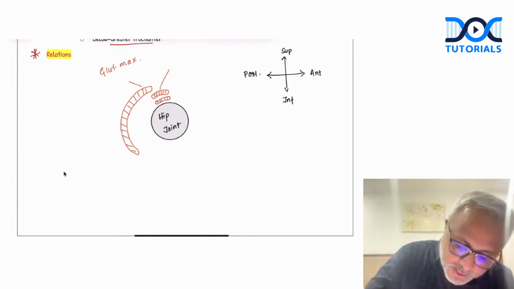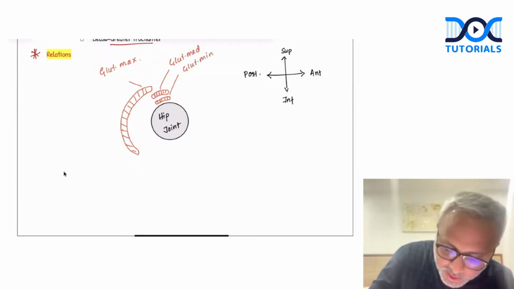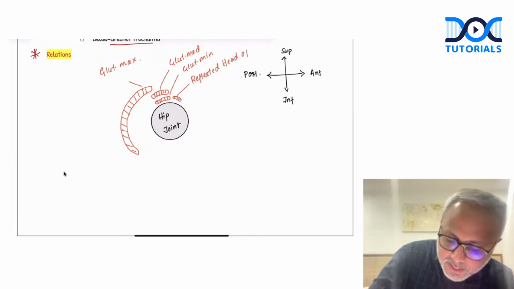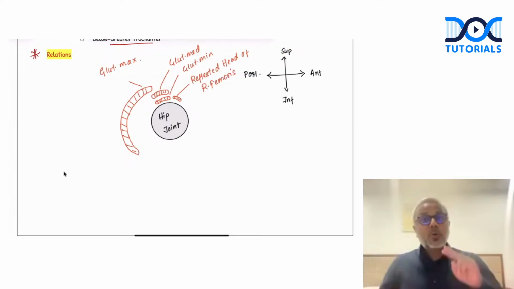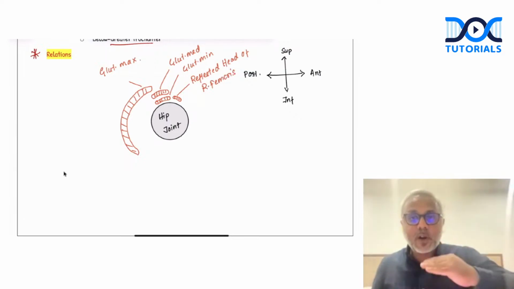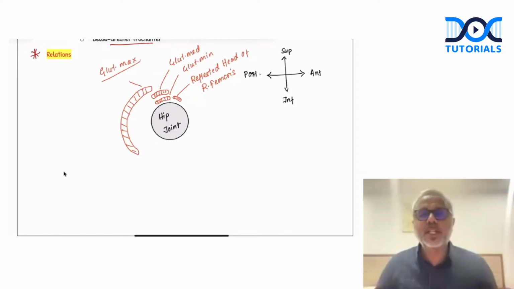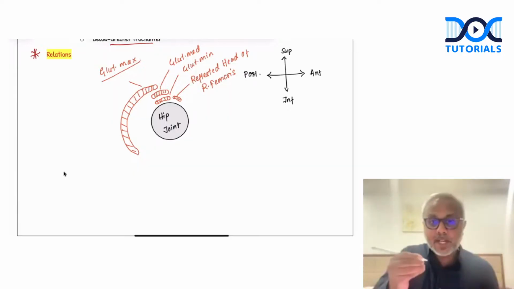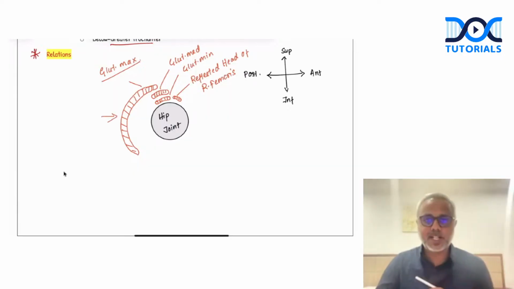In addition, there is one more muscle which will form the superior relation: the reflected head of the rectus femoris muscle. So, three important muscles form the superior relation along with gluteus maximus. Remember, gluteus maximus will form both superior as well as posterior relation.